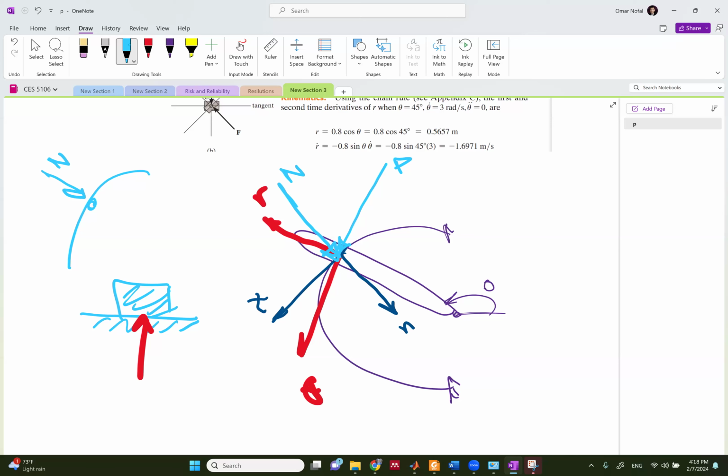But sometimes in the problem, I don't want you to get into kinetics and I test you in the kinematics alone, but sometimes I have to mix them. So if I give you distance and time, you might need to use the distance and time to get velocity, use the velocity to get acceleration and then use the acceleration in the kinetics. You know what I mean?